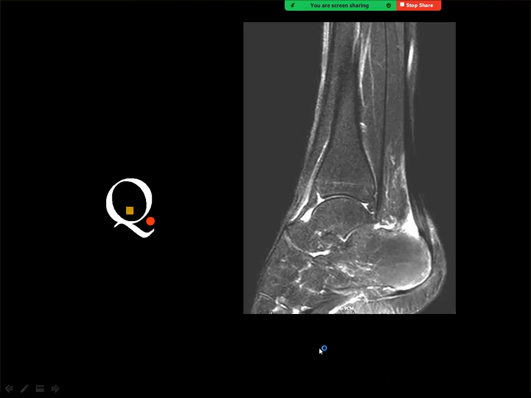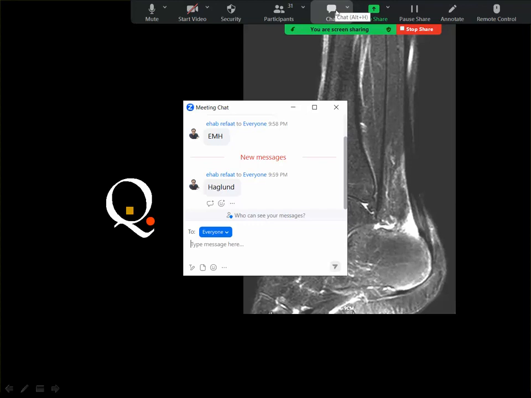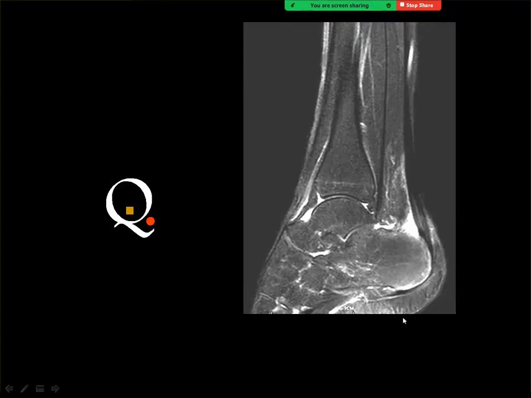Next case is an MRI of the ankle, and this is a sagittal STIR image. Yes, and this is Haglund syndrome.